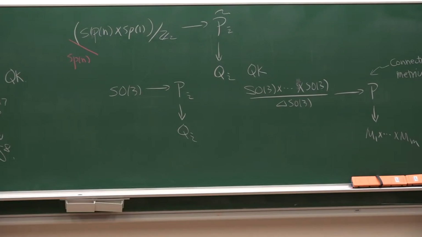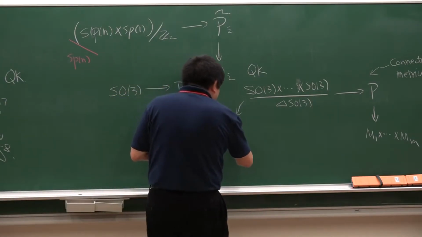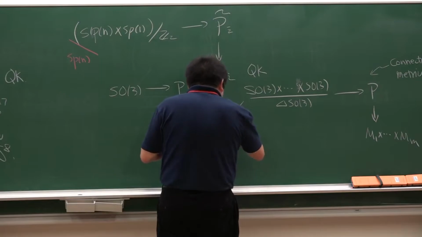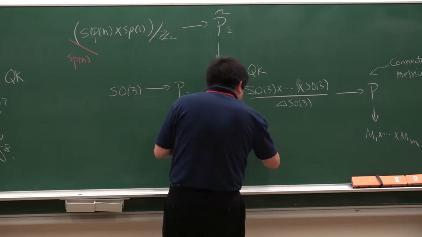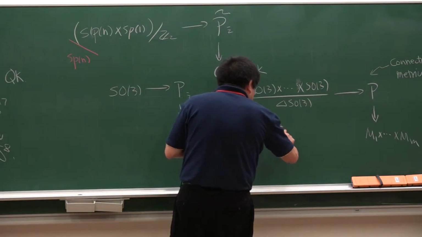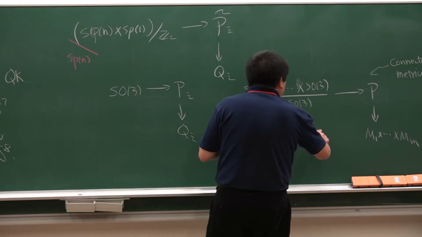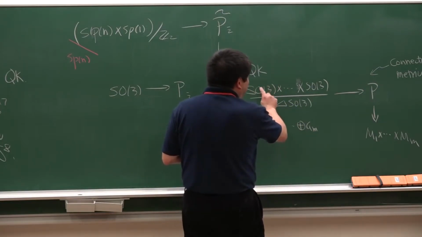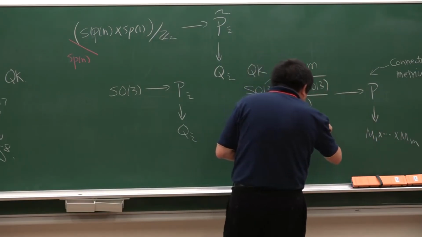So then let's see. The metric on this part, you have this metric induced by B1. Let's say use A1 tau B SO3. The number of factors here is the same as the factors here. This is m of them.